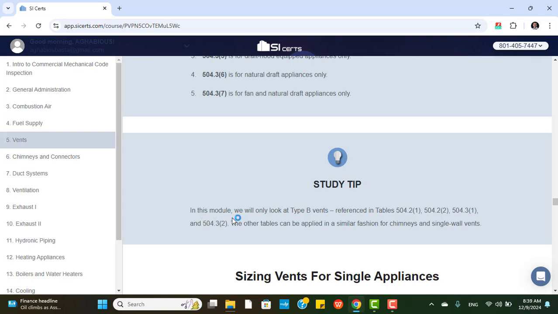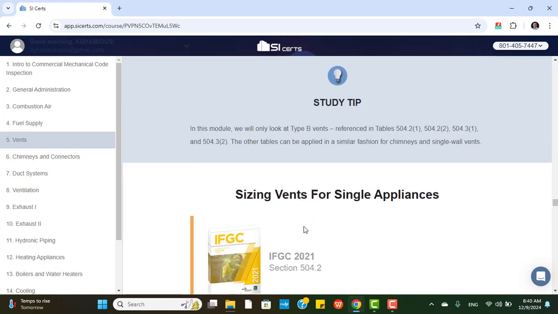Study tip: in this module, we will only look at type B vents referenced in tables 504.2.1, 504.2.2, 504.3.1, and 504.3.2. The other tables can be applied in similar fashion for chimney and single wall vents.